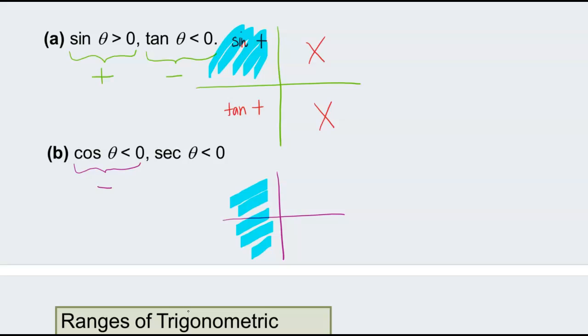So in this case, it could be either of these quadrants. So in this case, the answer is quadrant 2 or quadrant 3. I don't think I wrote the answer up here. Quadrant 2.